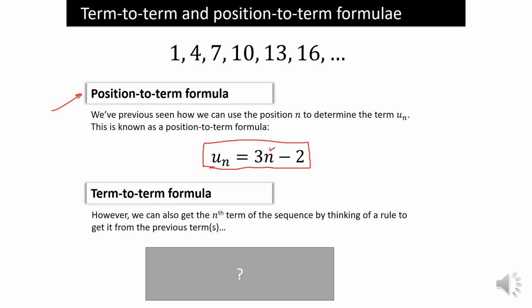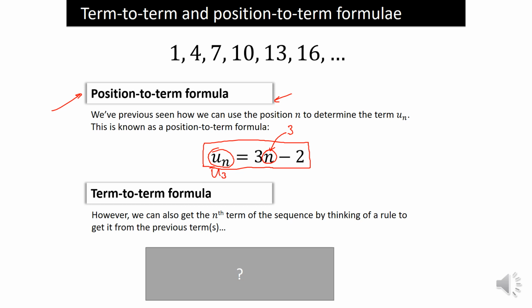This relates the position n to what the term would be. So if we're in position 3, this tells us what u3 is. This is the kind of thing we've seen before, telling us what the term is from its position.